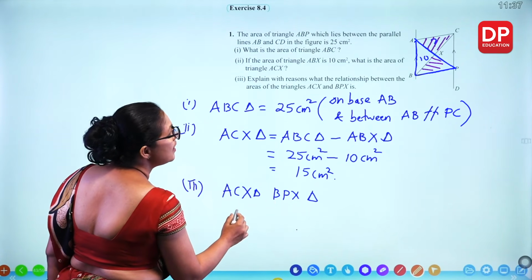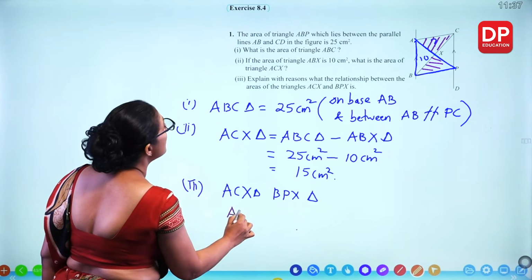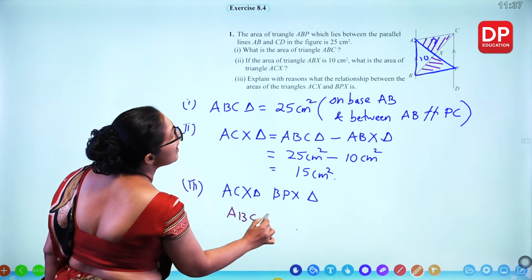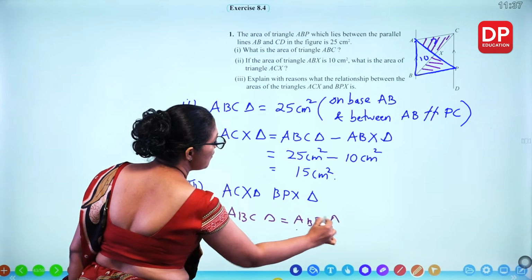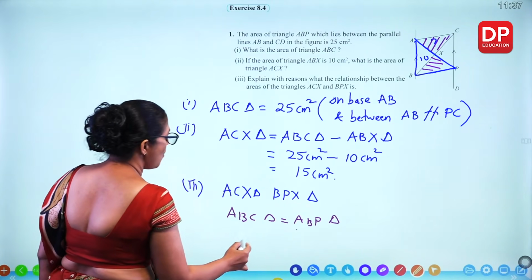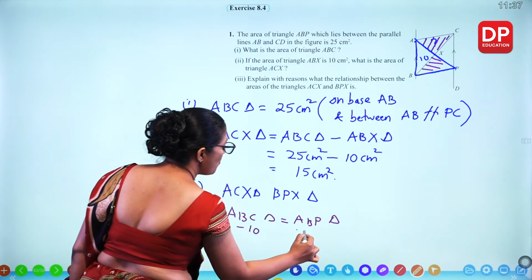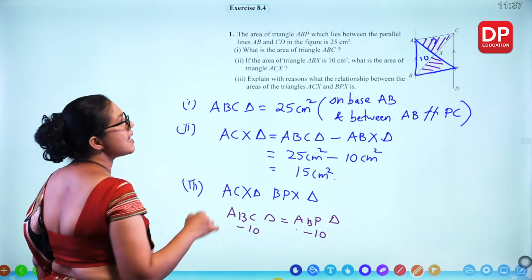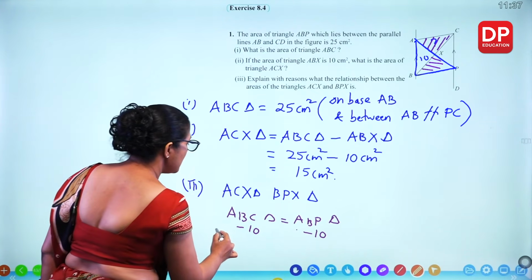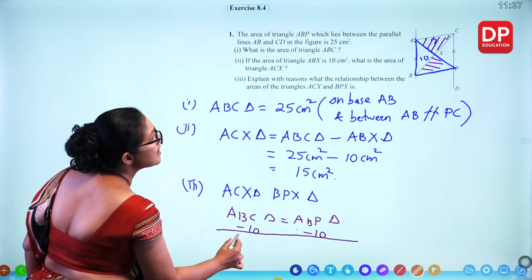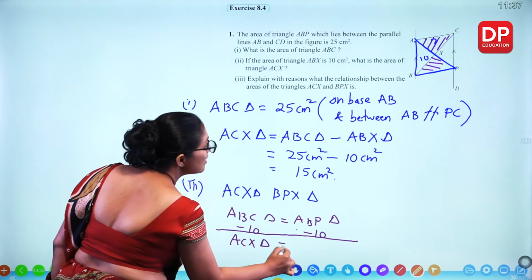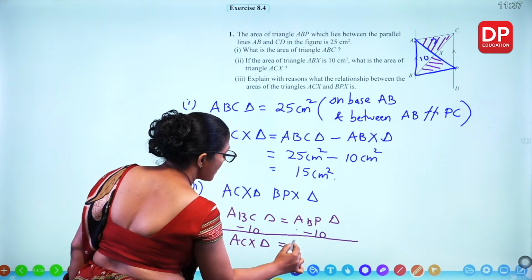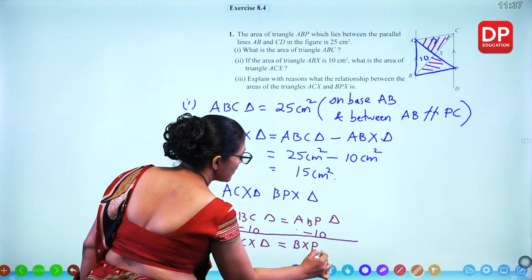I'll do this one. We found ABC triangle is equal to ABP triangle before. And then subtract 10 from both sides. That means ABX triangle area, we can get ACX triangle is same as BXP triangle.